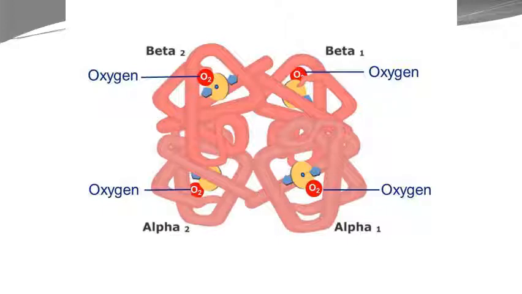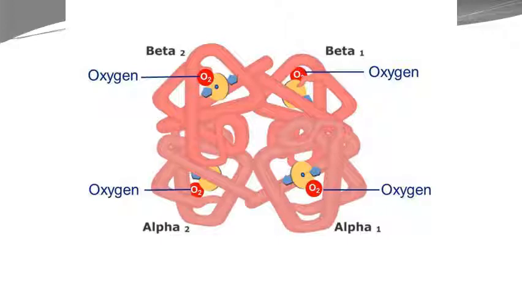Now, binding of one oxygen molecule will facilitate or encourage the binding of oxygen to another oxygen molecule. So once one oxygen atom binds, it facilitates the binding of another, and this is known as cooperative.